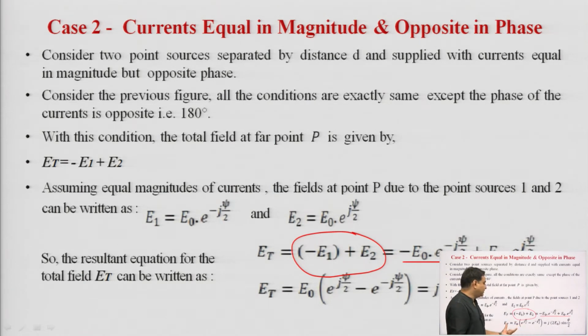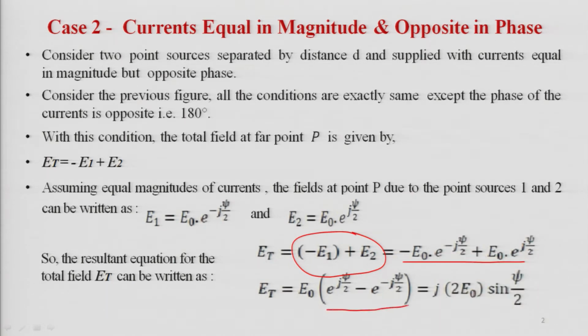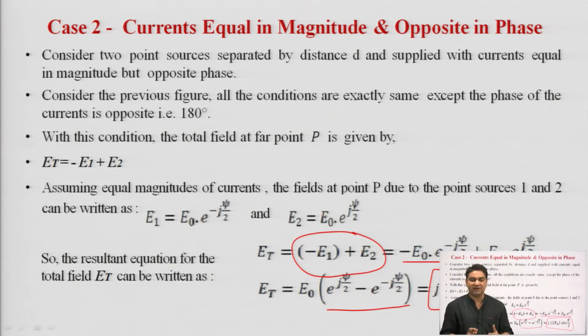The sum of these two field strengths is given in this way, the resultant field strength is summarized in this form, and finally we get the result in this way. This j twice E naught sin psi by 2 is the total electric field strength at the distant point P due to point source number 1 and point source number 2.